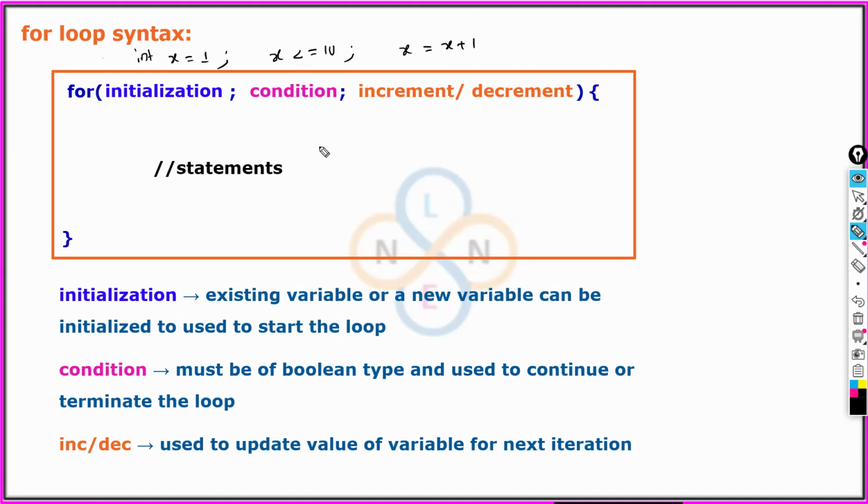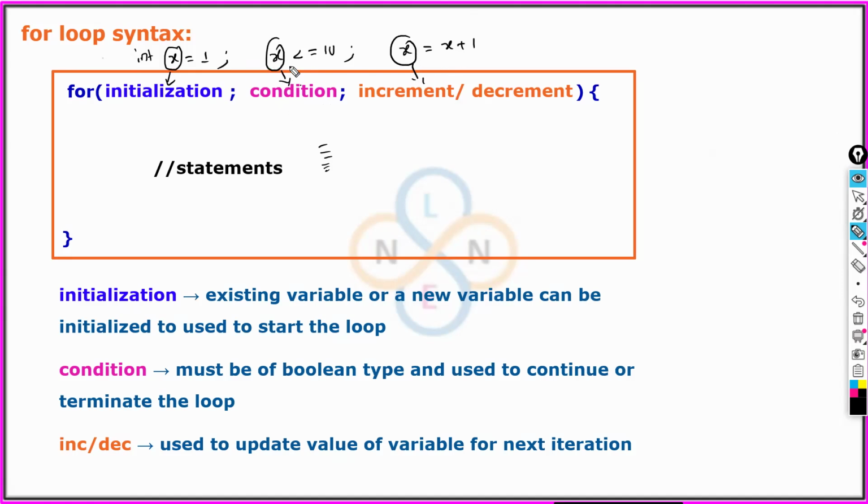Then we'll do the logical part of printing that x. We will go through the example. Just to make the next point, I have taken this example. Here, we are using x as a variable to initialize, the same variable x to write the condition, and the same variable x to write the incrementation.